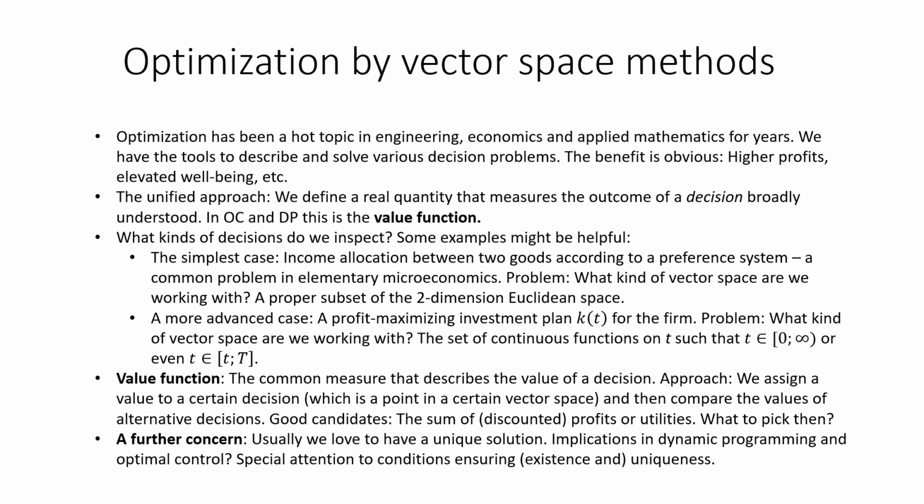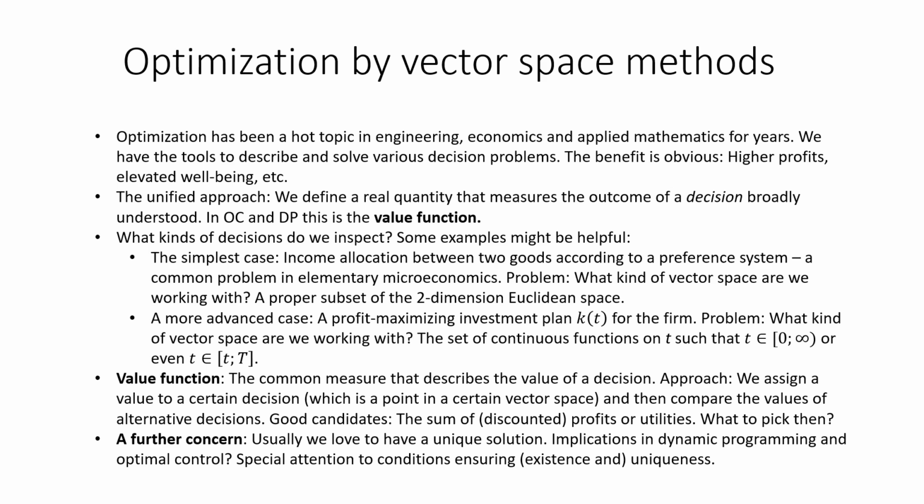Strictly speaking, this is a constrained optimization problem because we want to maximize the utility of the agent, but we have a constraint because the agent has an income. In other words, we must spend this income in a way that maximizes the utility of the agent. This is a two-dimension Euclidean space. So we work in a two-dimension Euclidean space because the solution is a vector.